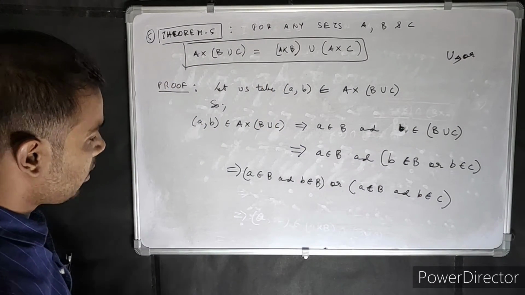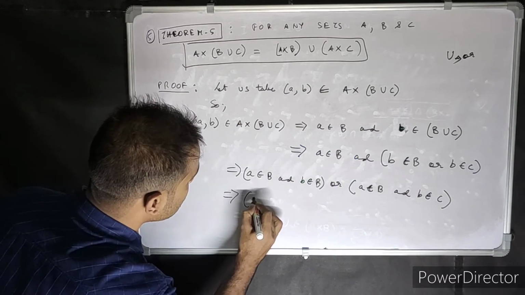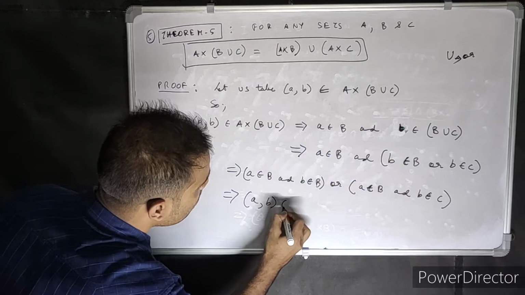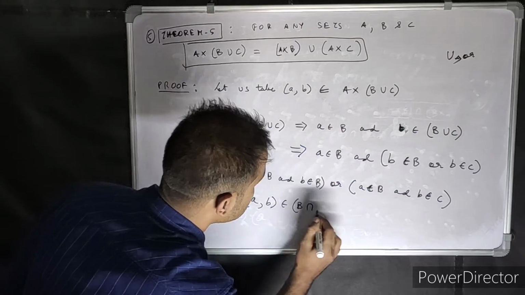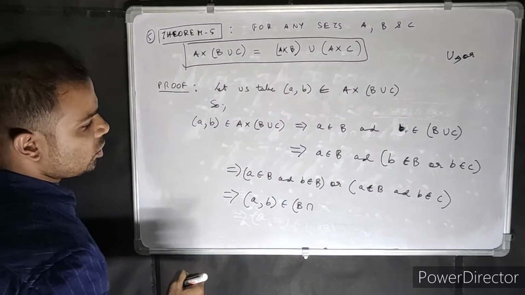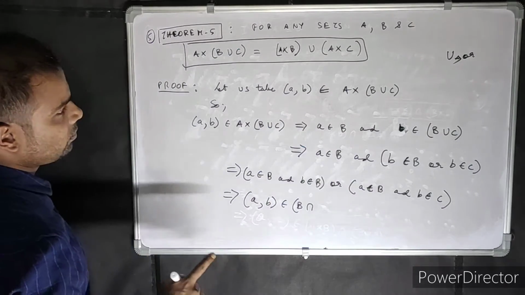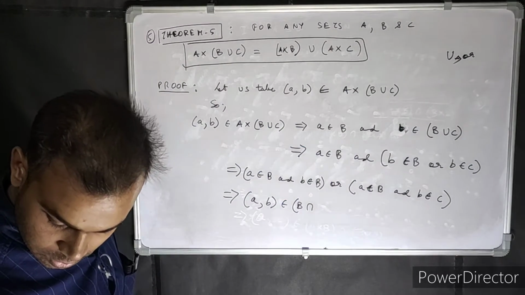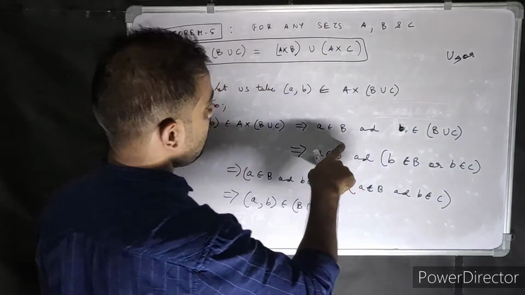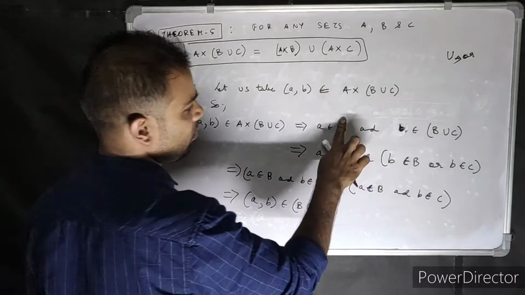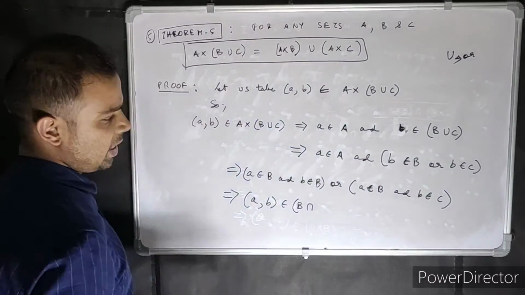So now what do you get? Very simple, the AND now changes to intersection again. So a comma b belongs to A cross B, or A cross C. Sorry, this was A, just make a slight change.